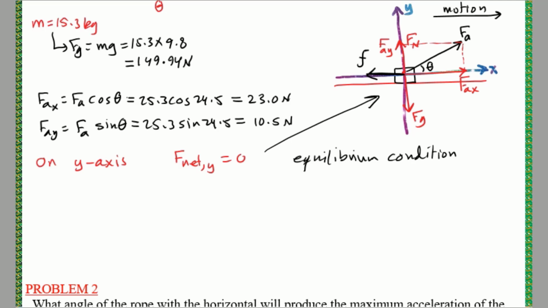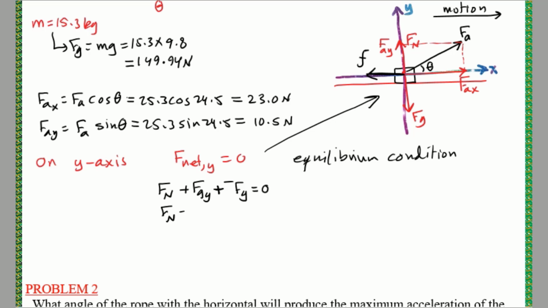You will see that Fn is in the positive y direction, and add to it Fay, plus the force in the negative y direction, so it is minus Fg equals 0. For this we will find the normal force.